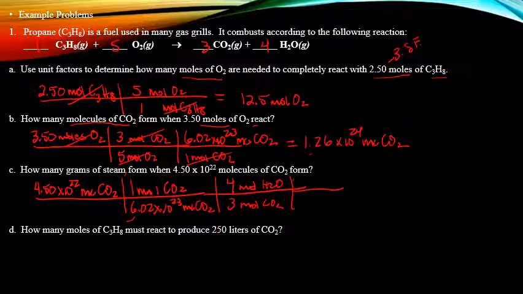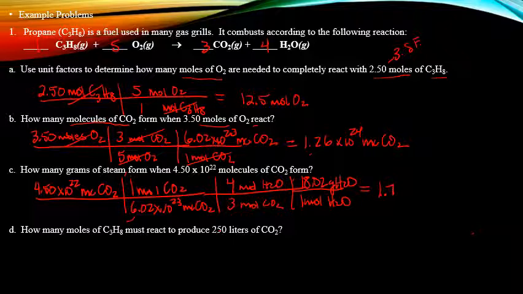Oxygen has 16, so 2 atoms of hydrogen plus the 1 atom of oxygen gives me a total of 18, and it was 18.02 grams of water in 1 mole of water. And now we're ready to solve for this one as well. So you should hopefully get 1.80 for your grams of water.